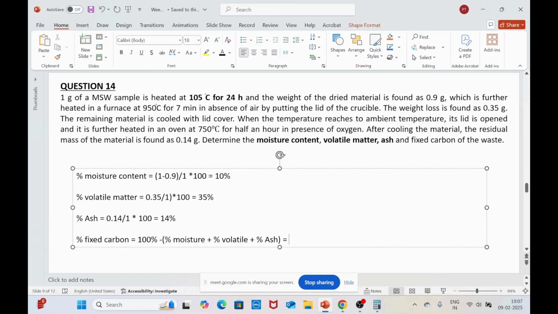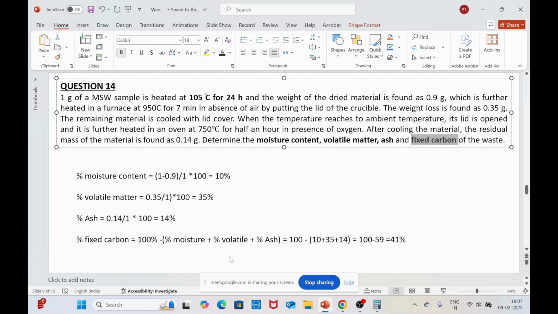So this will be nothing but 100 minus 10 plus 35 plus 14. So it will be 100 minus 59, I suppose. So that will be 41 percentage. So this is the percentage of fixed carbon.